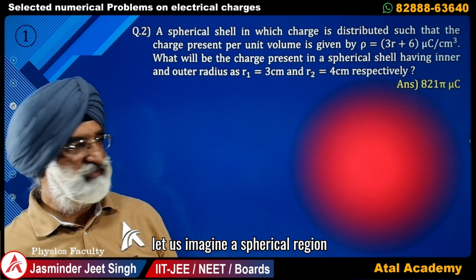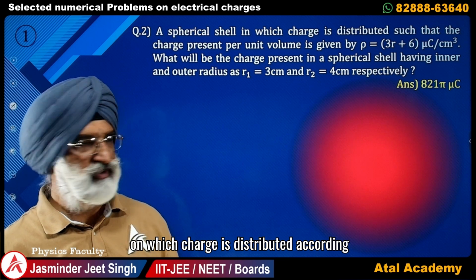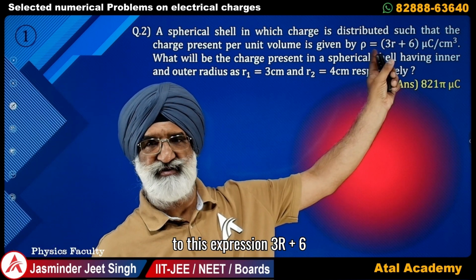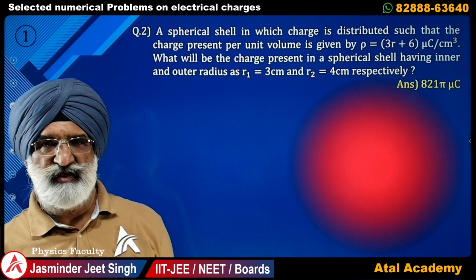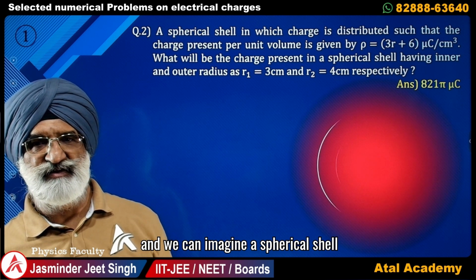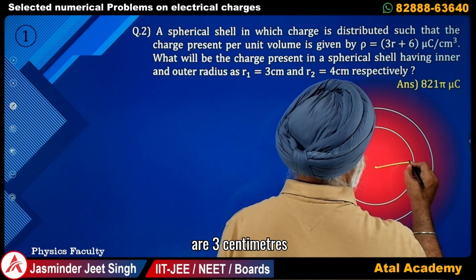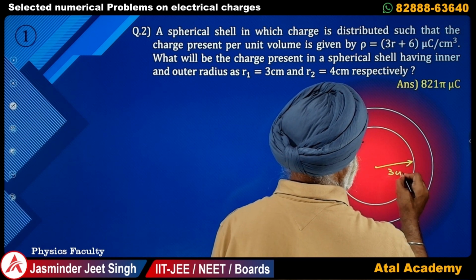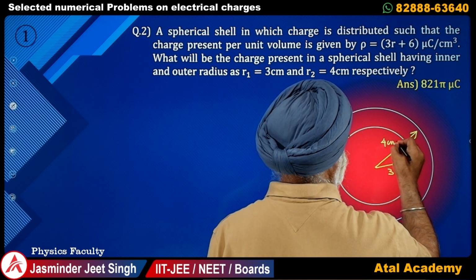Now let us imagine a spherical region on which charge is distributed according to this expression, 3r plus 6 microcoulomb per centimeter cube, and we can imagine a spherical shell whose inner and outer radius are 3 centimeters and 4 centimeters respectively.